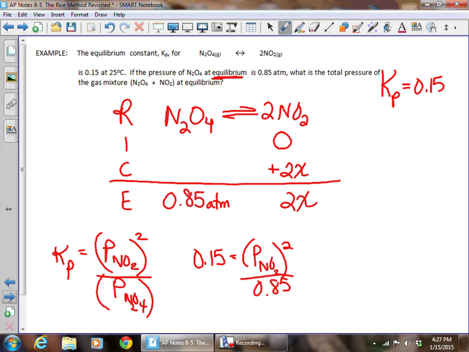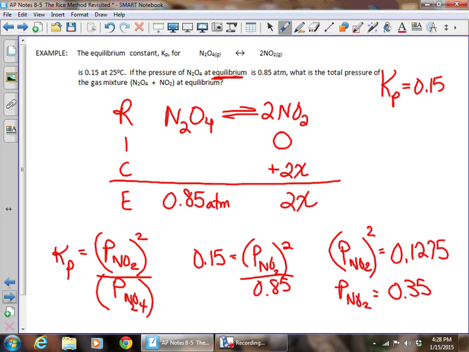So the only thing we've got as a variable is the pressure of NO2. All we have to do is multiply out our 0.15 and our 0.85, and we get that the pressure of NO2 squared is equal to 0.1275. And if I square root that, then I get that the pressure of NO2 is 0.357 atmospheres.